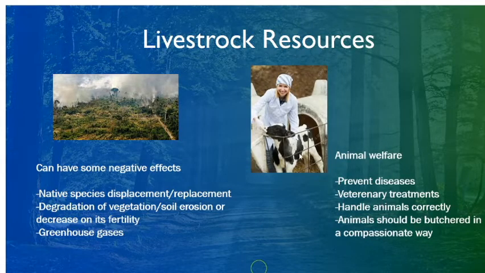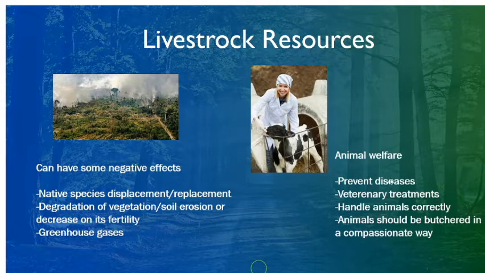Now also it is important to know that we need animal welfare, which is the proper care of animals in these places where we have our livestock resources.